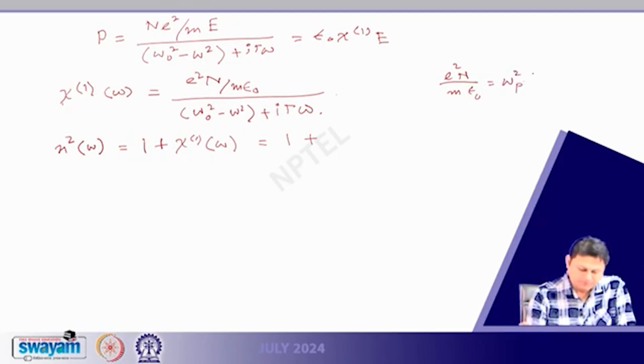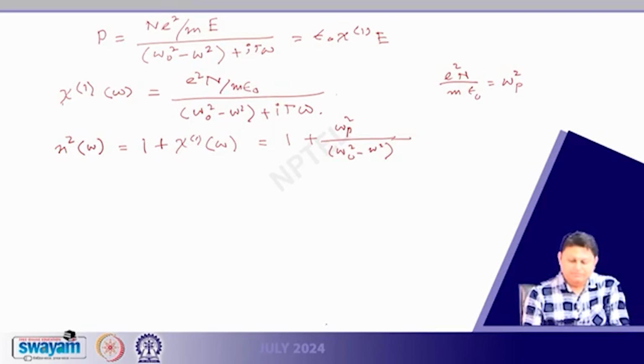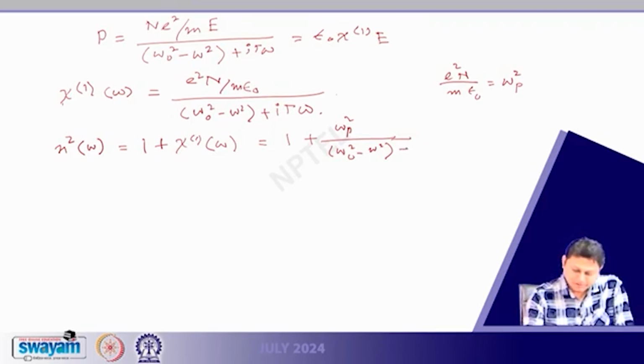This is called the plasma frequency. So, in terms of plasma frequency, we have omega p squared whole divided by omega0 squared minus omega squared plus i gamma omega.